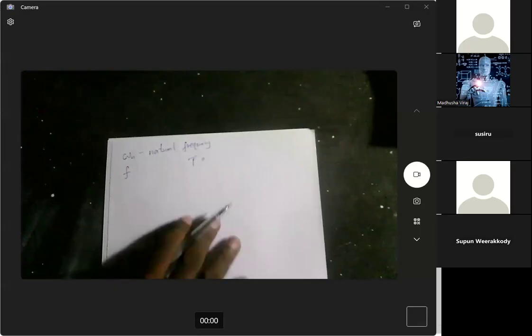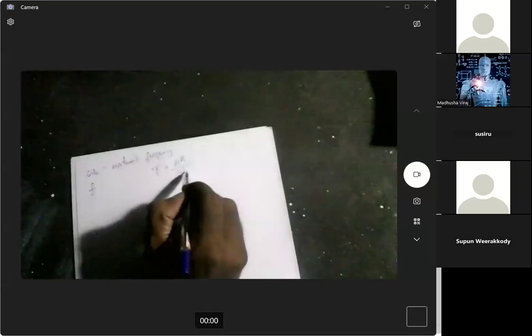That means this capital T or the period is, we know that one cycle is 2π, that is the total angle, and the speed is how much? Omega n.